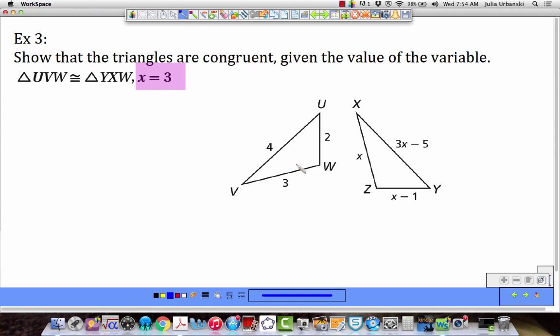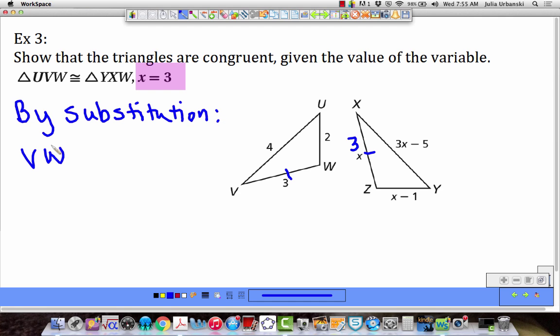So these are already numbered, but this one right here, XZ would be what? 3, which makes that one equal to that one. So I'm going to say by substitution, this time it's not given to me, so this time I have to do it. I substituted, I plugged in x equals 3. By substitution, I can say that VW is congruent to which one? XZ, that's right.